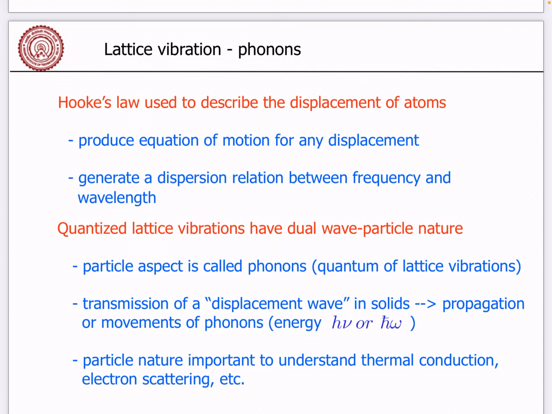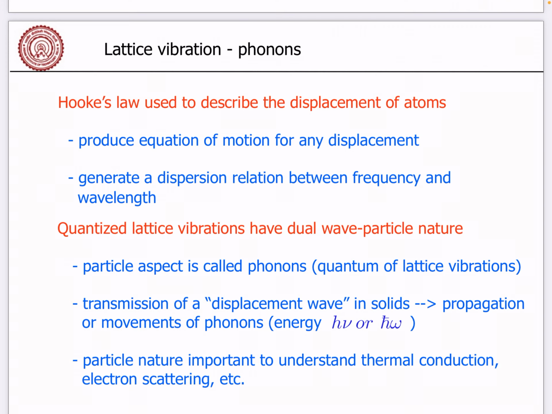So once you use that, you can produce an equation of motion for the displacement of the atoms, and from there we'll try to see how we can generate a dispersion relation between frequency and wavelength. Typically the dispersion relation is written as frequency versus wavelength, but this has the same meaning, right? So energy versus wave vector, or frequency versus wavelength.